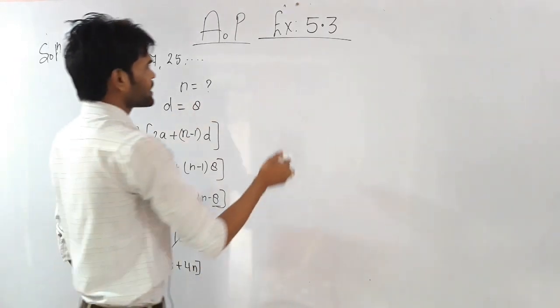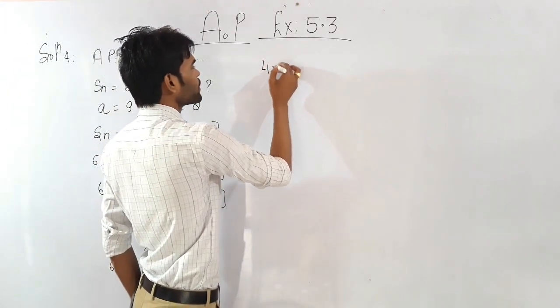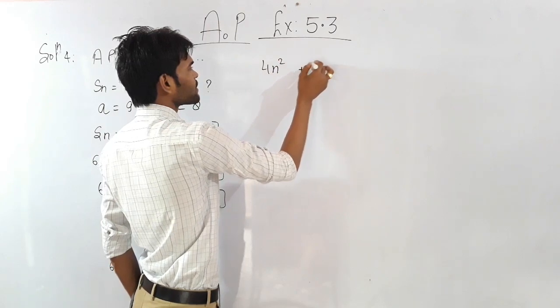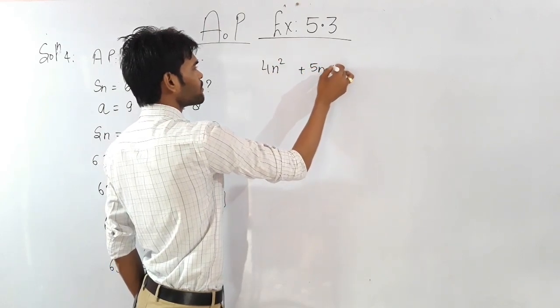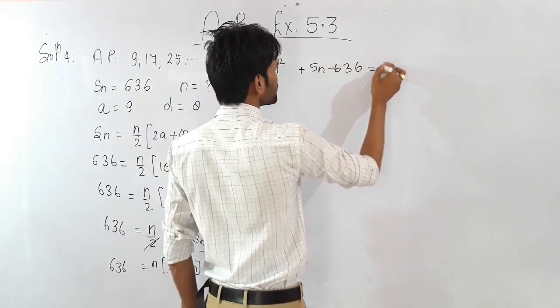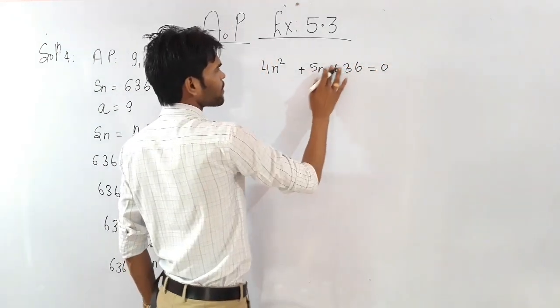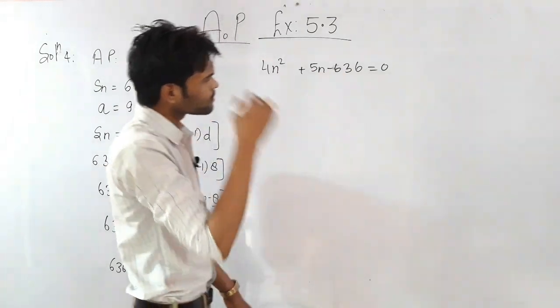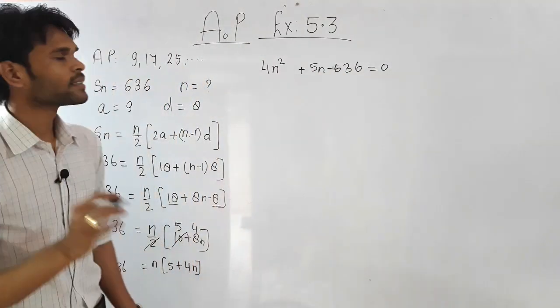Now you can write it as 4n square plus 5n minus 636 equals 0. Any problem to anyone?